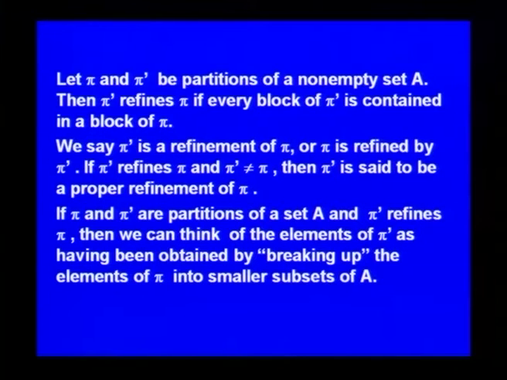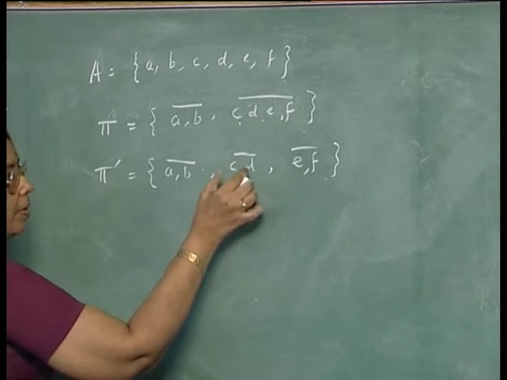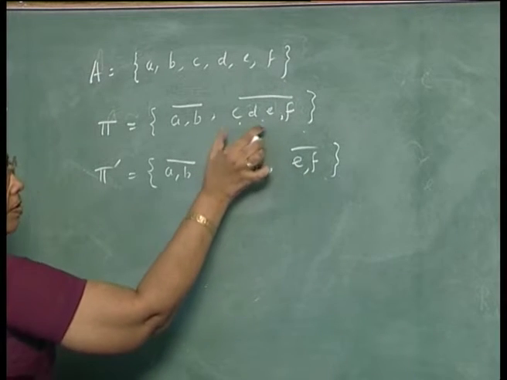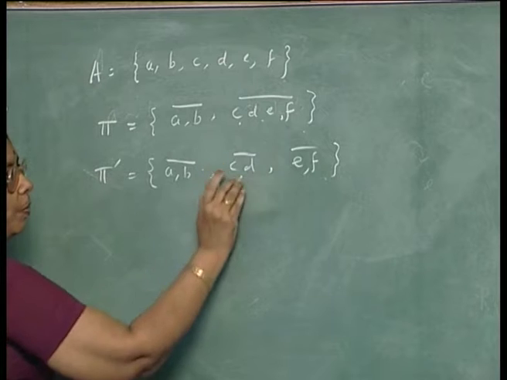If pi and pi dash are partitions of A, and pi dash refines pi, then we can think of the elements of pi dash as having been obtained by breaking up the elements of pi into smaller subsets of A. So, here this is broken up into smaller elements. You are dividing into 2 parts.